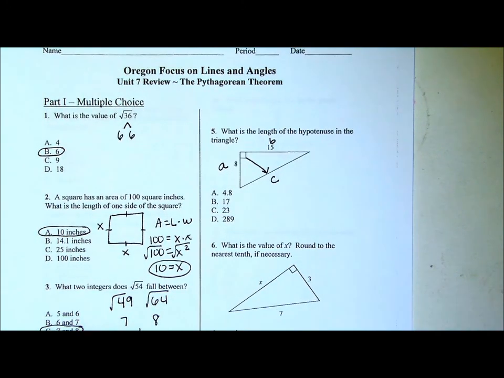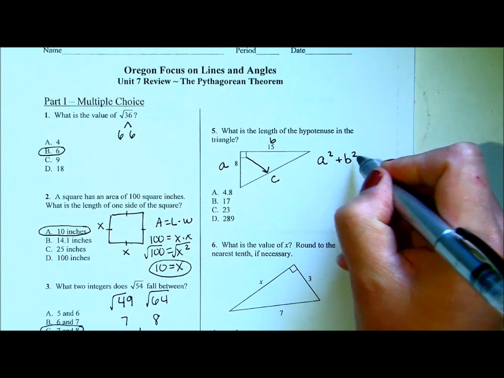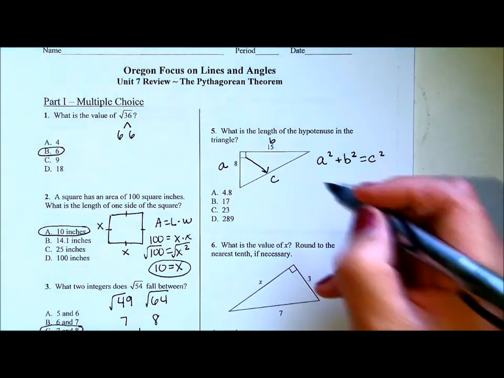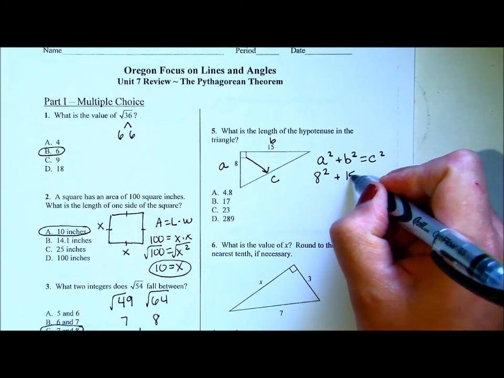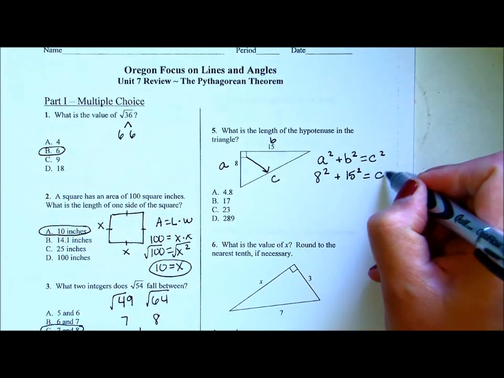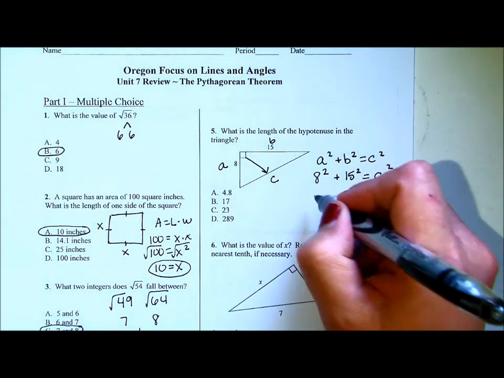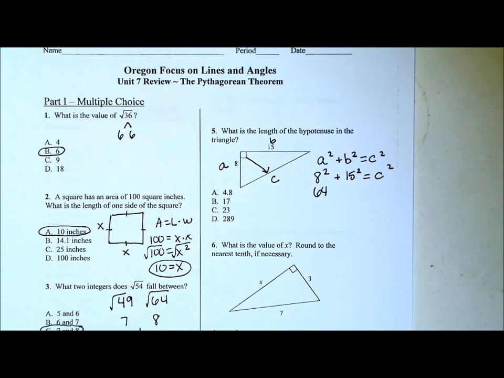When we want to find the hypotenuse, we're going to use a squared plus b squared equals c squared. A is 8, so I'm going to plug that in. B is 15, so I'm going to plug that in. And C, don't quite know yet. 8 squared is 8 times 8, which is going to give me 64. 15 squared is going to give me 225.